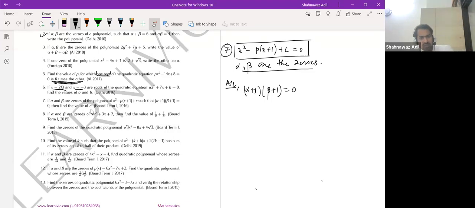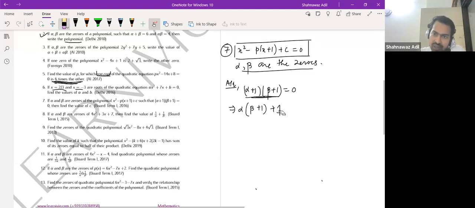Harshit, how should we approach this problem? So we have to take the sum of zeros and then the product of zeros. When we multiply alpha plus 1 into beta plus 1, we get alpha into beta plus alpha plus beta plus 1, which equals 0.